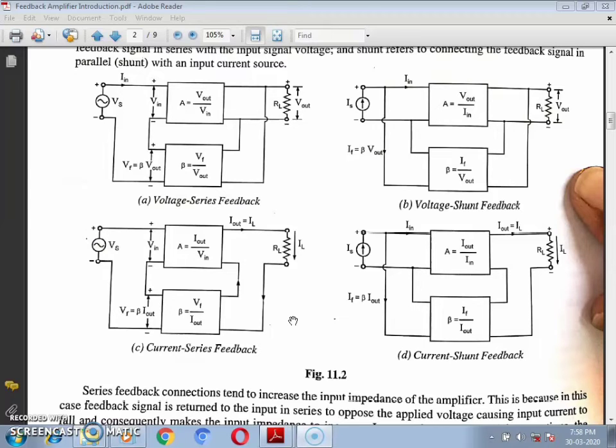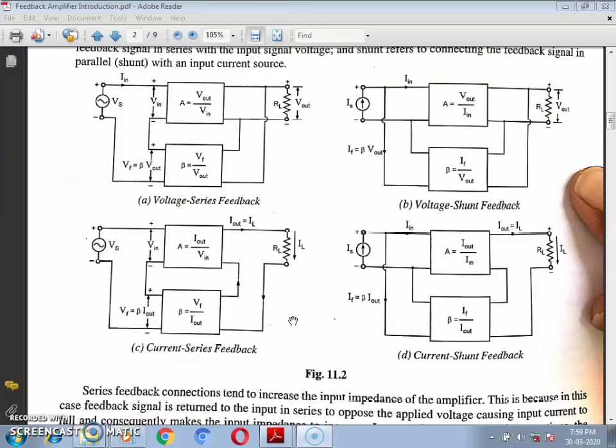Feedback may be classified as voltage feedback and current feedback. In voltage feedback, the energy fed back to the input terminal is proportional to the output voltage, while in current feedback, the energy fed back to the input terminal is proportional to the current through the load.